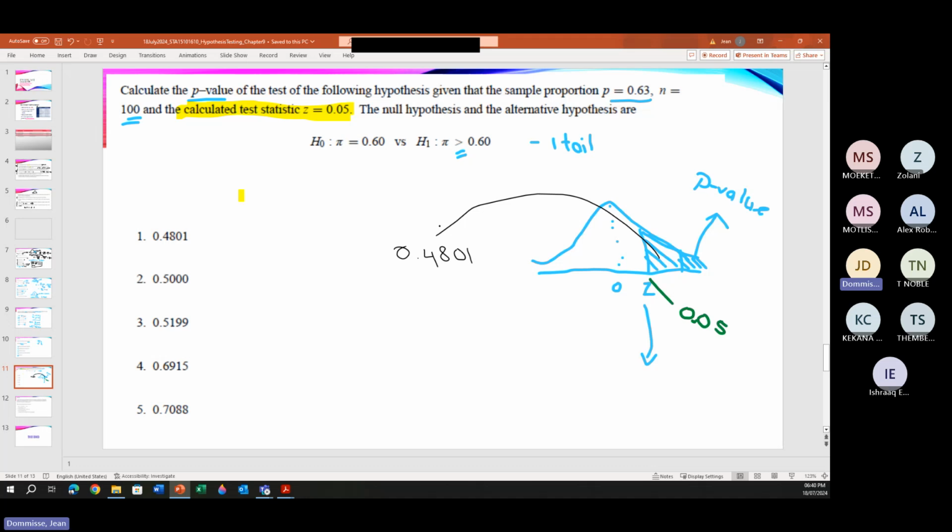Okay, which is option 1. So I totally misread this. They told us Z is equal to 0.05. So we could have used that Z as 0.05.